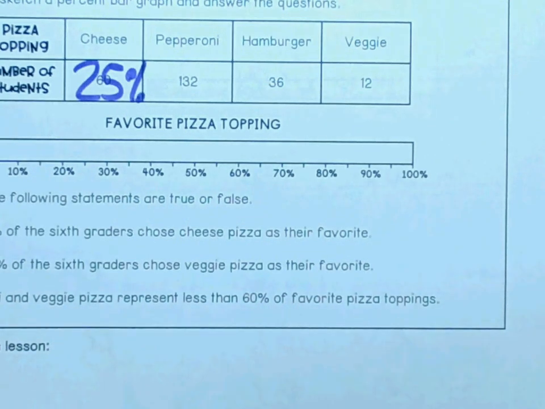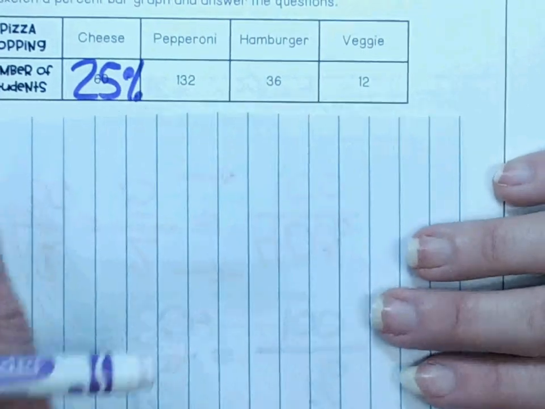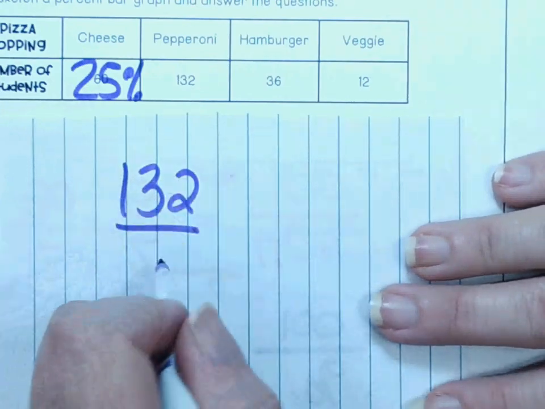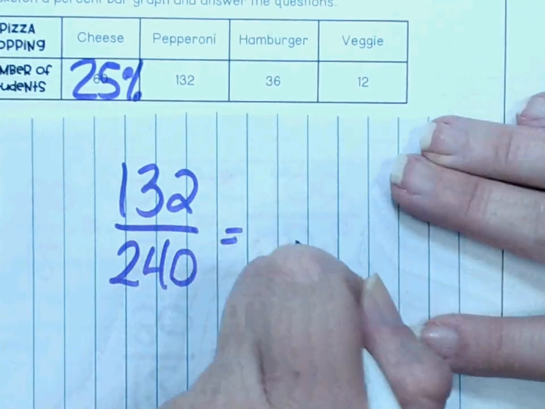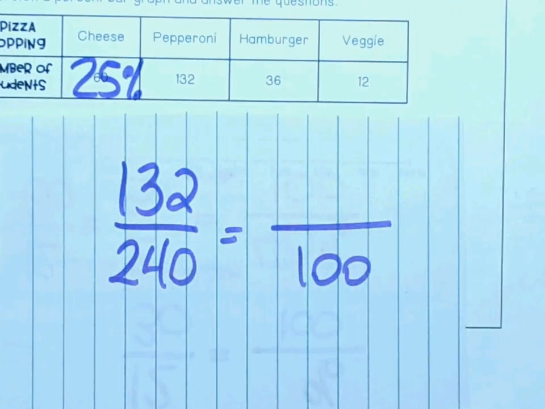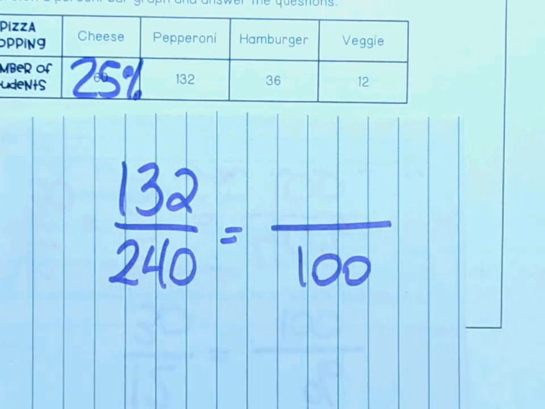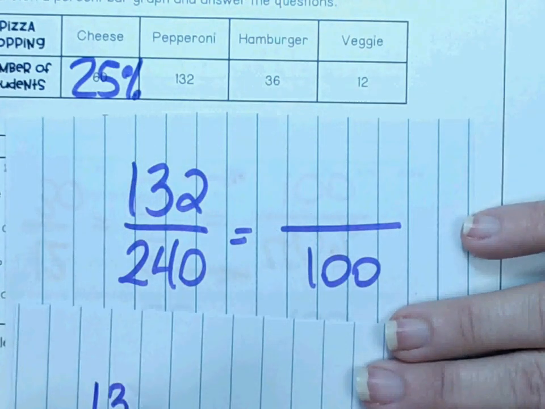Let's do pepperoni. It's 132. What was our total pizza? 240. So we're looking for percent. It's always over 100. This one is not quite as easy to reduce, but actually it kind of is. We would just divide it by 2. 240 divided by 2.